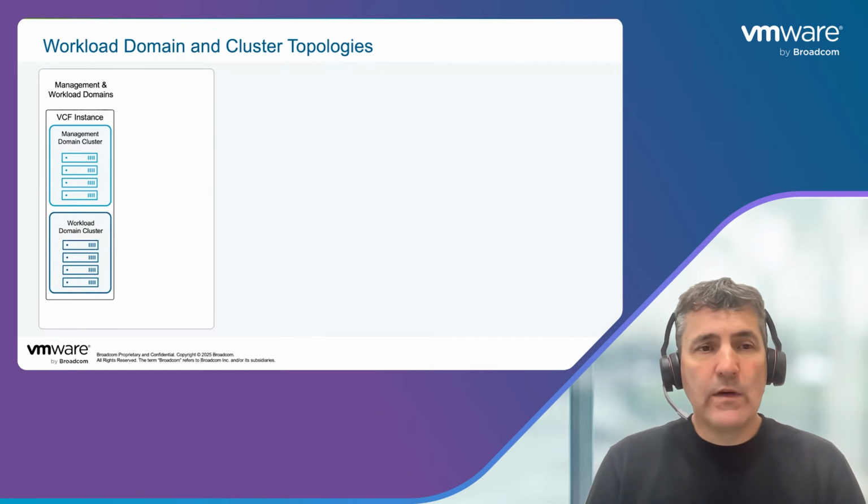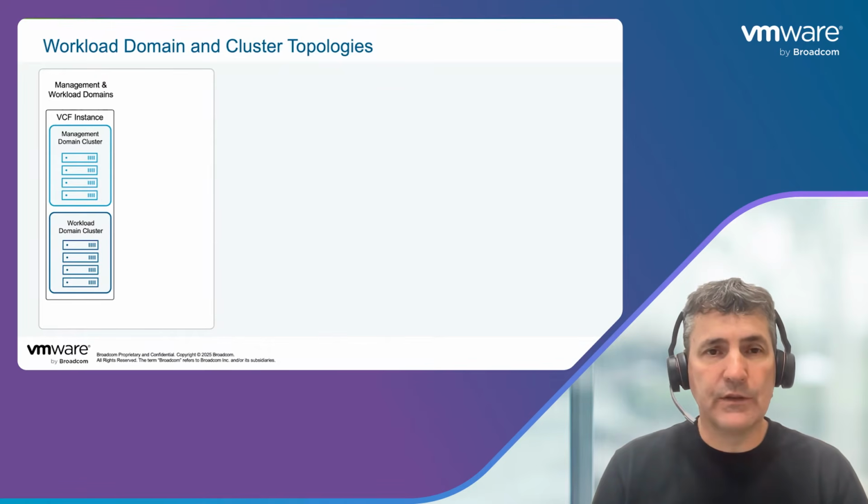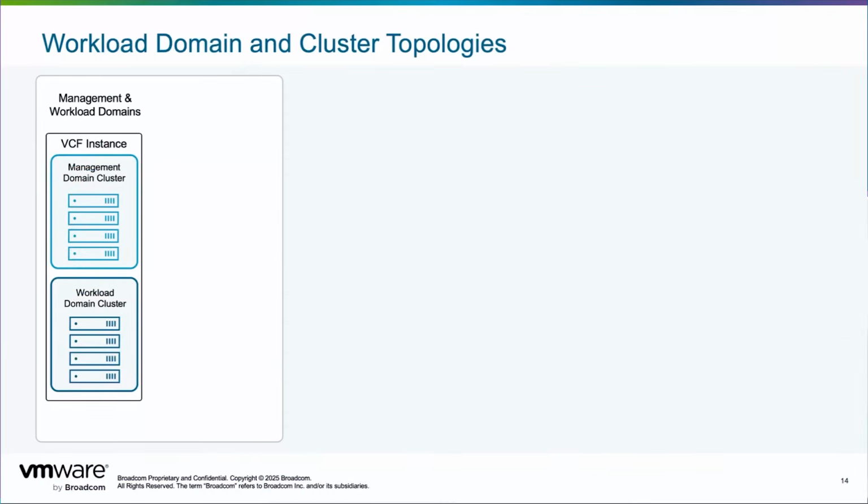Now we'll get into a little bit more detail around how we deploy the clusters inside these workload domains. There's a couple of options here. One of the options is that when we stand up a new VCF instance, I can have a separate management domain where I host those infrastructure components that I mentioned earlier: the vCenter server, the NSX manager, my operations, my automation.